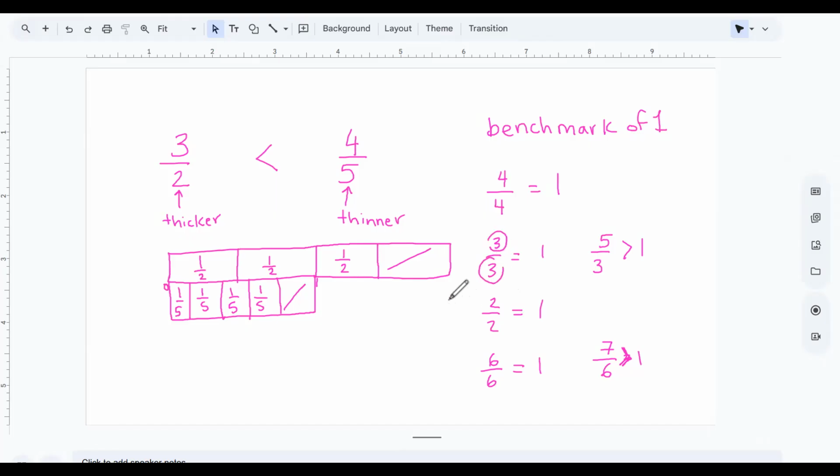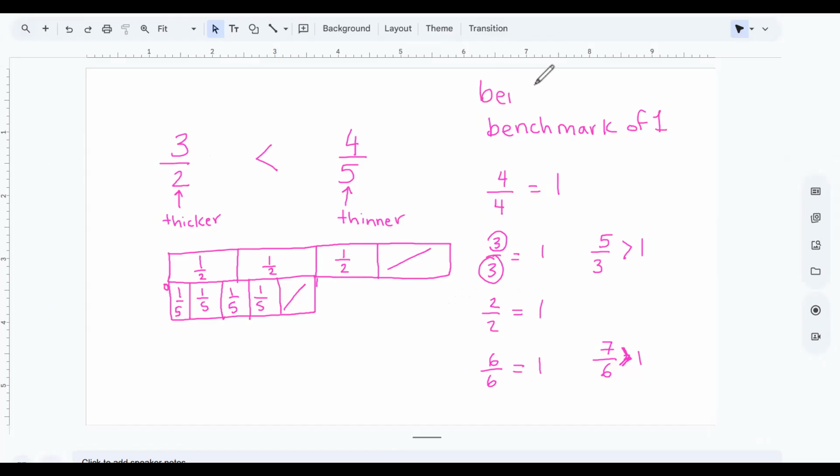So in this lesson, we talked about how to compare fractions. We can compare fractions using benchmarks of a whole or a benchmark of half, right?